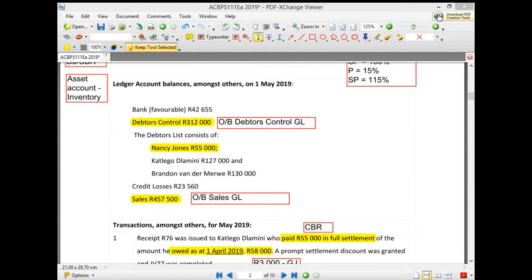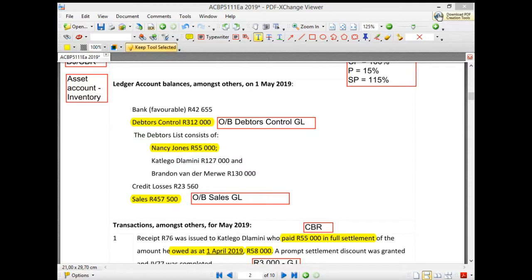This would normally be on the 31st. Now in your sales account, we said we made sales for that same value, but that goes to our debtors' journal, or debtors control is the contra account, also on the 31st. Just put the 31st there on the left.